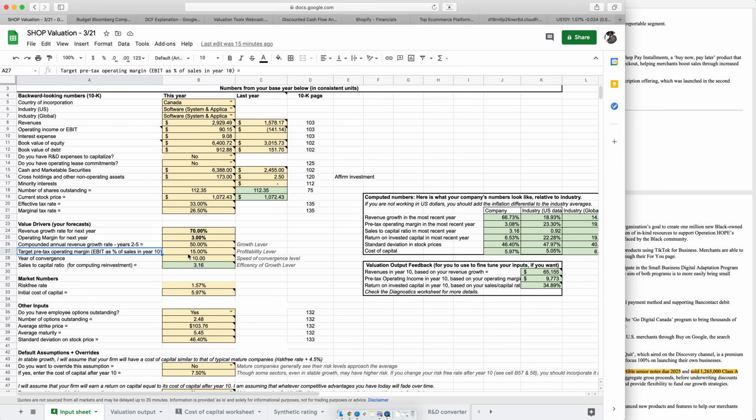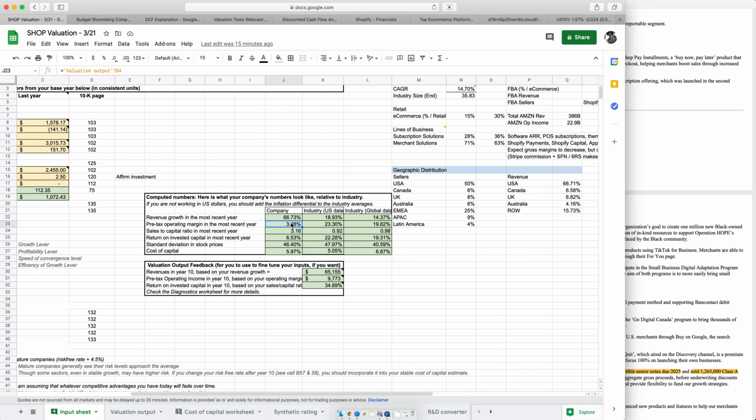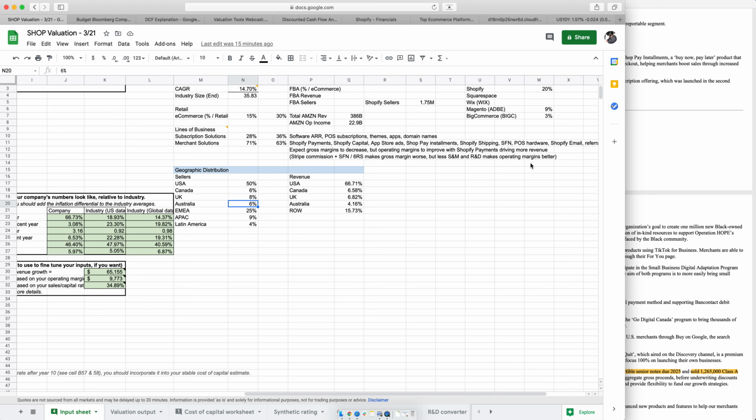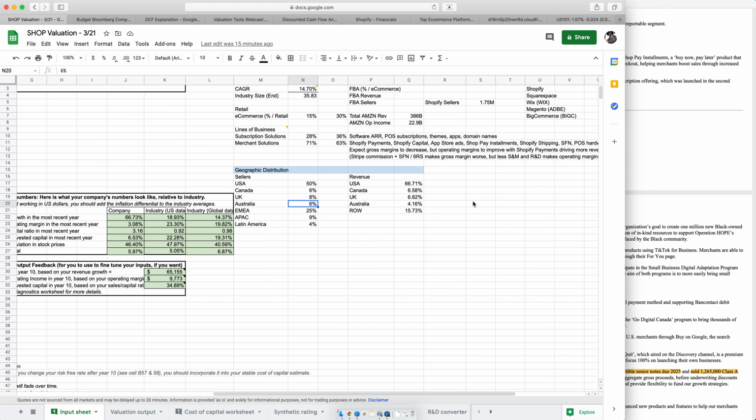And then, margins. I was talking about this earlier. We have really low margins right now, right? That makes sense because they're reinvesting a lot, spending a lot of money in R&D, sales and marketing, and they're really trying to build up their business right now, especially with really capital-intensive businesses like SFN, where you're actually building out and working with physical fulfillment centers and stuff.